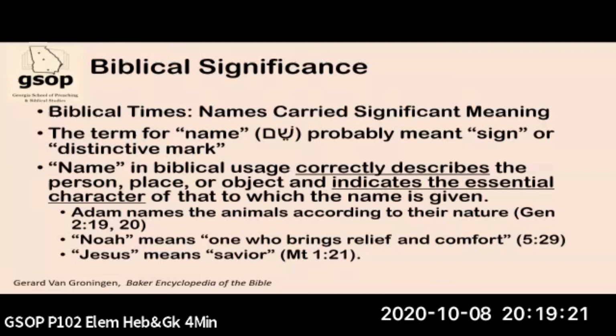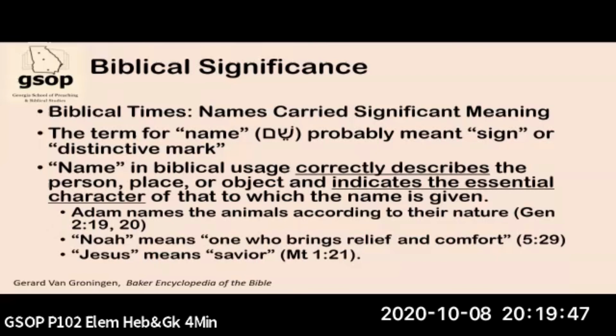The Hebrew word for name is shem. You don't need to remember it. It's the shin with the tsere underneath it. But we pronounce it S-H-E-M with the final mem. The term name probably meant something like a sign or distinctive mark.